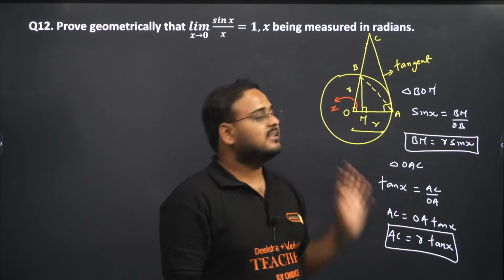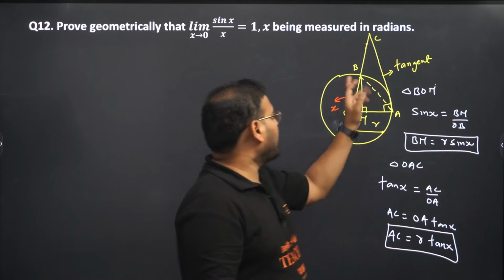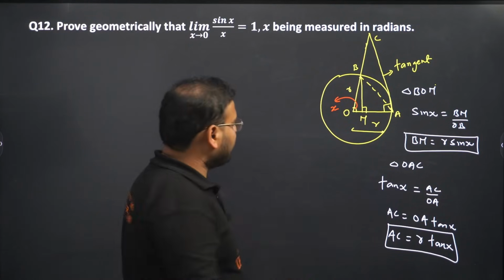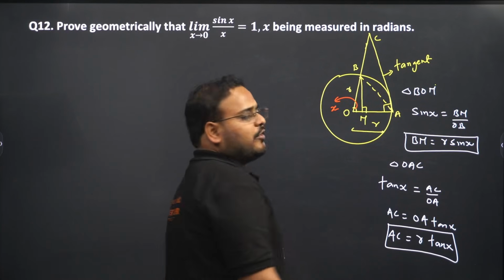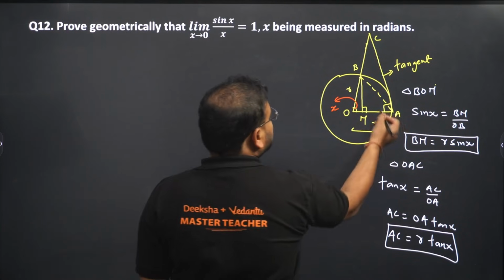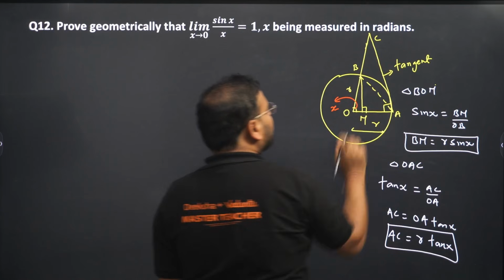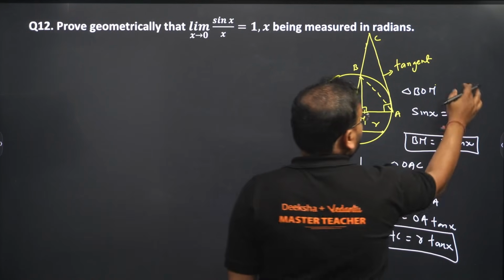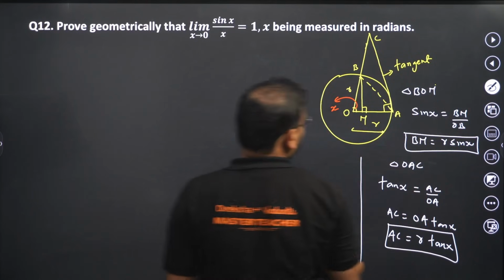Now for both triangles that we have, the big one OAB and OAC, we can write the area. How to write the area of triangle OAC? In OAC, the base is AC and the height is OA.